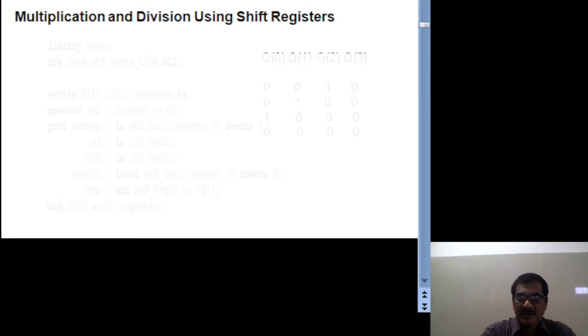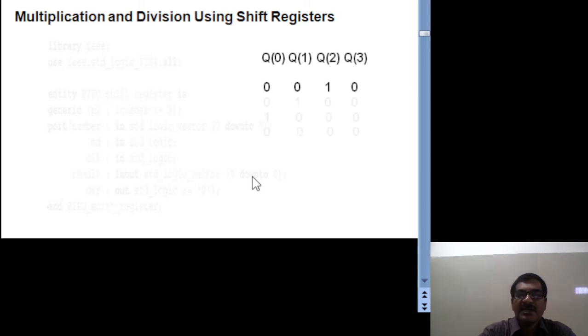In order to understand these operations, here I am taking a 4-bit shift register with the data 0010. Let us assume we have a register of 4-bit size containing the binary value 0010, whose decimal equivalent is 2.